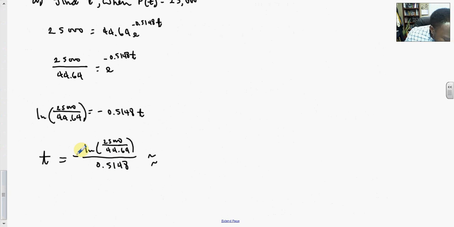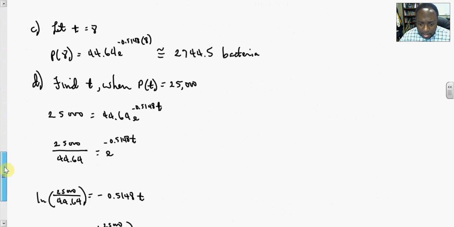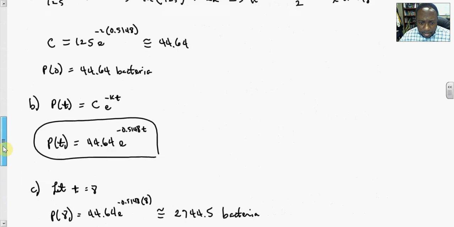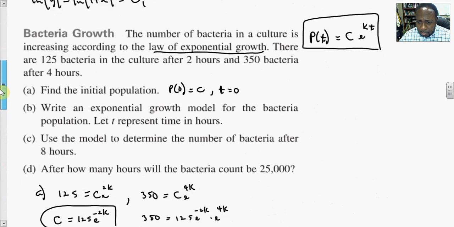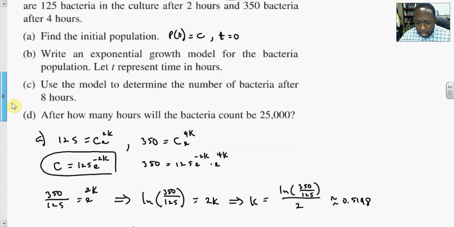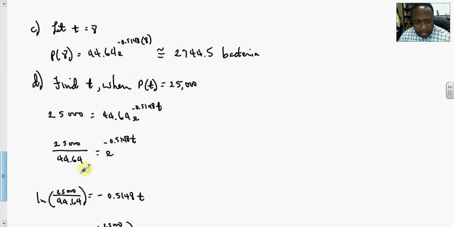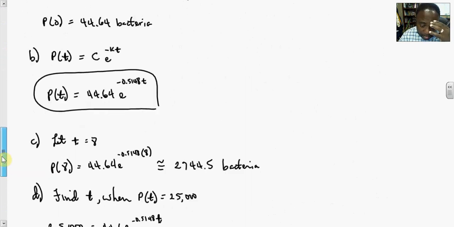And what that does is interesting. k is not negative. This is growth.